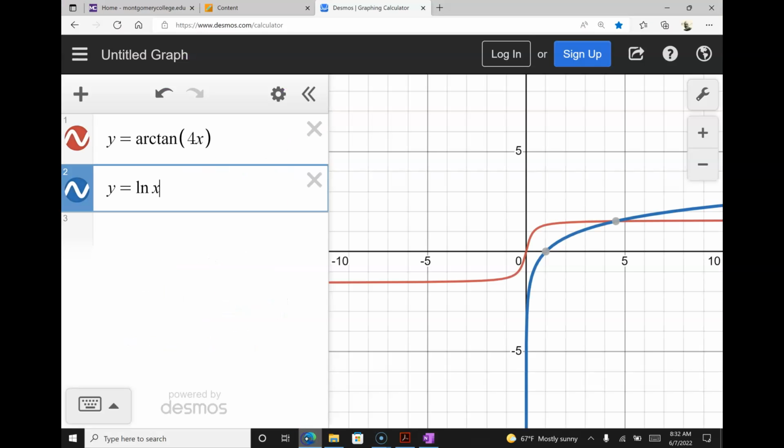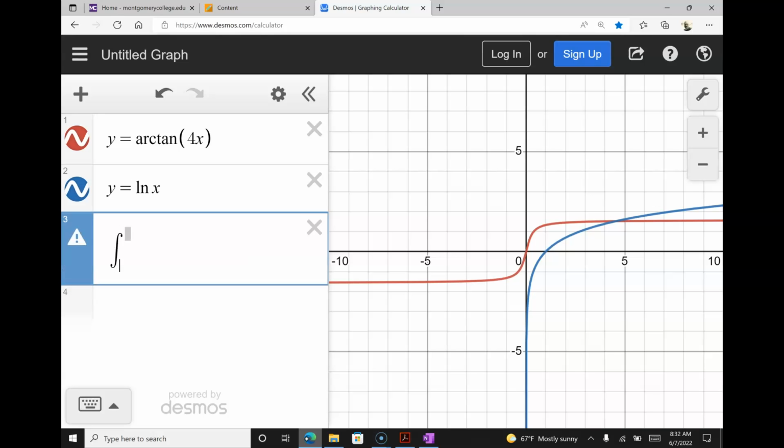And then I want to test it, of course. So I start typing integral, right? From 1 to 4. And I had arctan of 4x minus the ln of x.